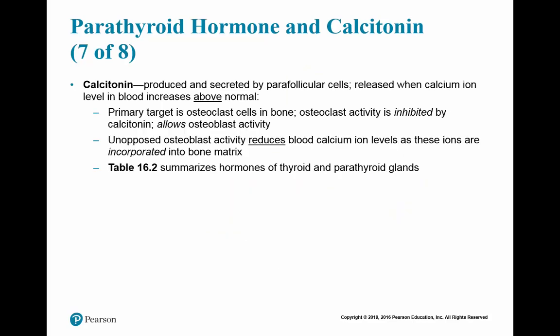Now, calcitonin is made by the parafollicular cells in the thyroid gland, and it's released when your calcium ion level is above normal, and it targets the osteoclast.